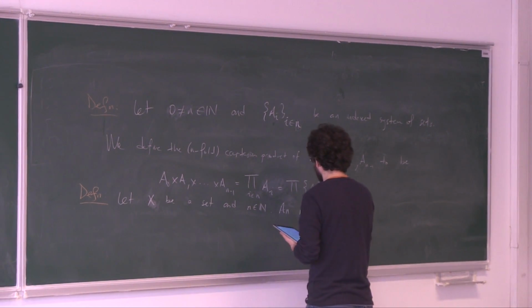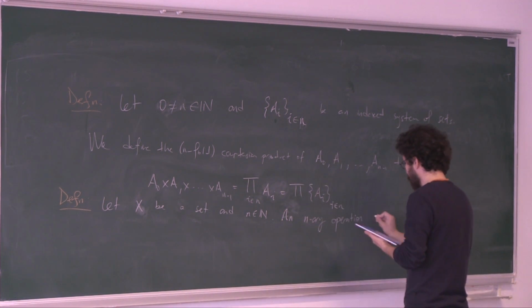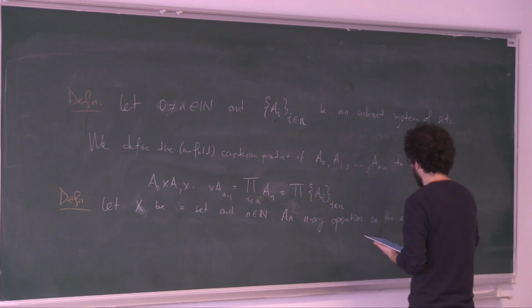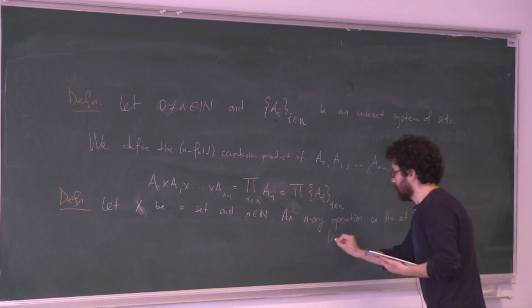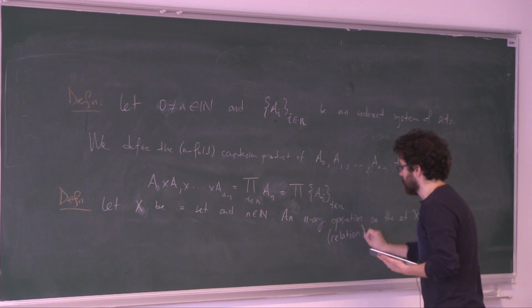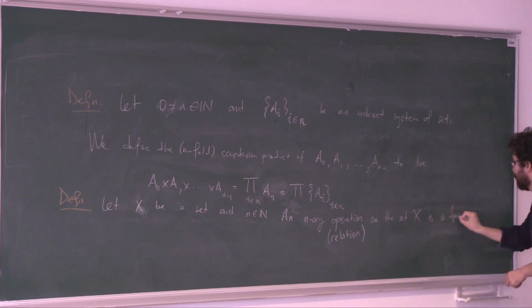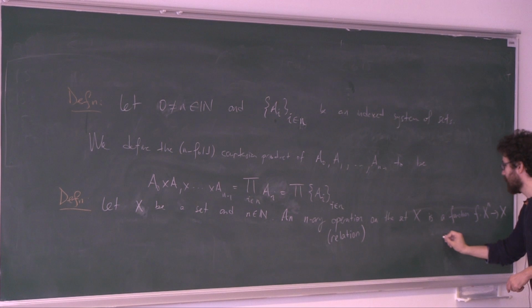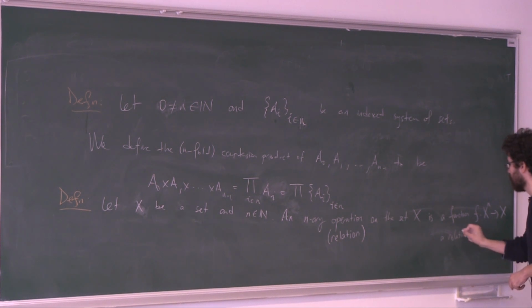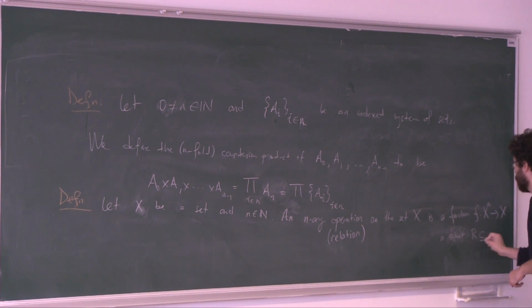An n-ary operation on the set X, and let's also define n-ary relations, is a function from X to the power n to X. And an n-ary relation is simply a subset of this.